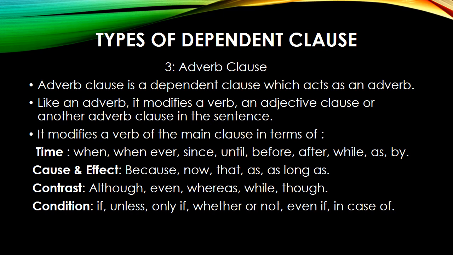In this slide, I'll discuss the third type of dependent clause, that is the adverb clause. A clause which acts as an adverb in a sentence is called an adverb clause. Like an adverb, it modifies a verb, an adjective, or another adverb in the sentence.